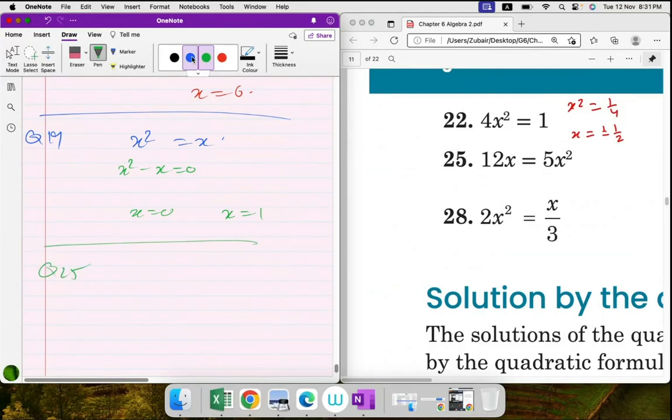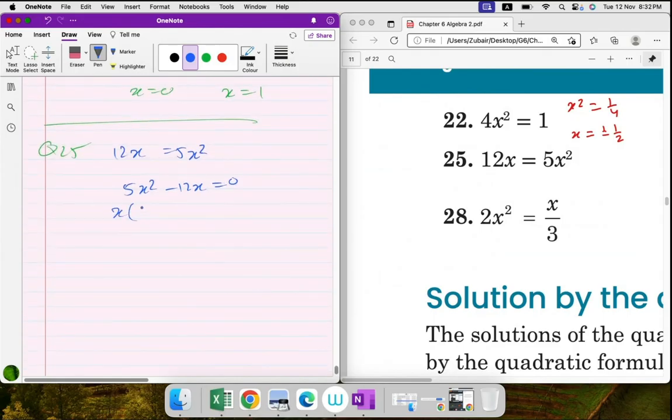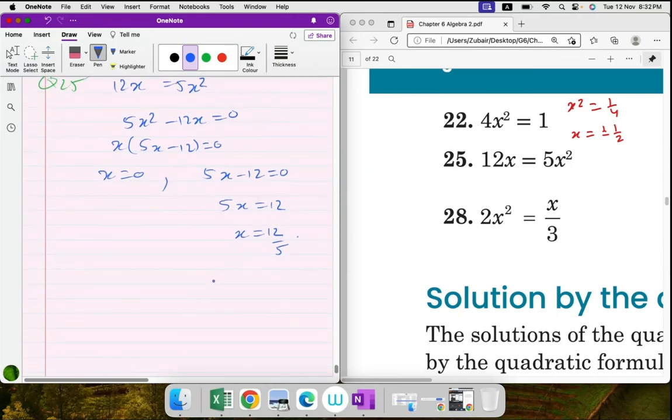Question 25. 12x is equal to 5x square. 5x square minus 12x is equal to 0. Taking out x common, 5x minus 12 is equal to 0. First factor, second factor, x is equal to 0 and 12 by 5. Try question 28.